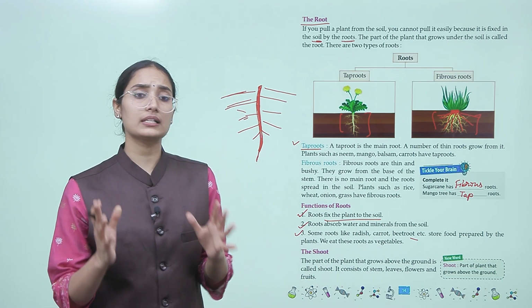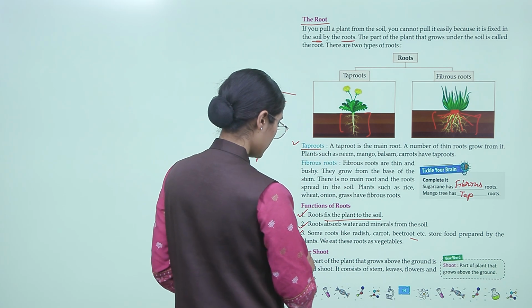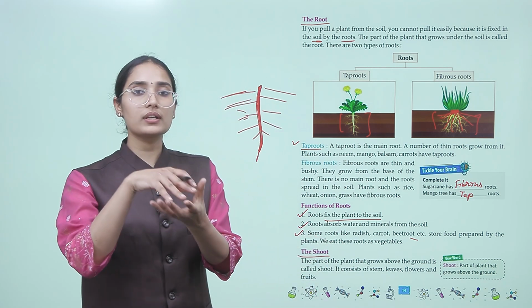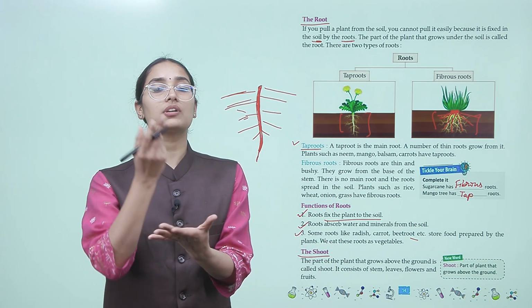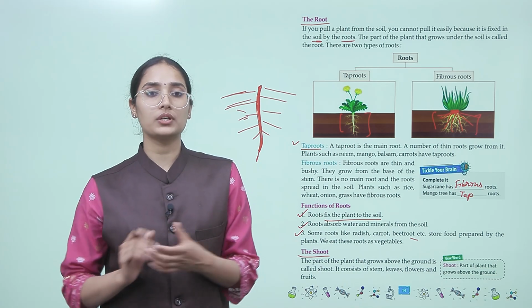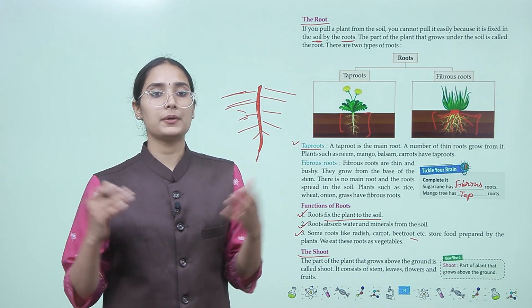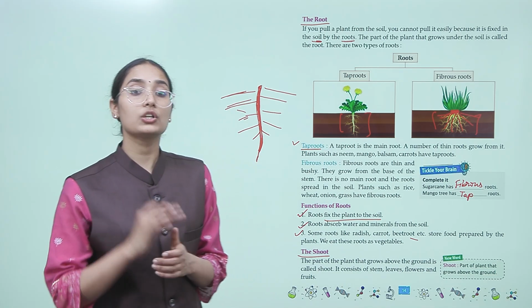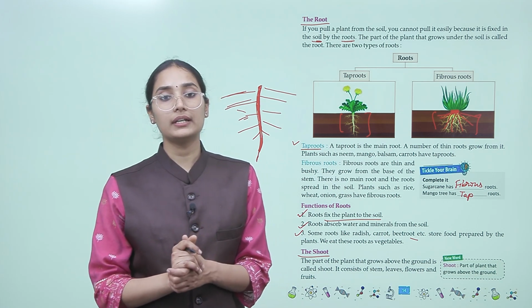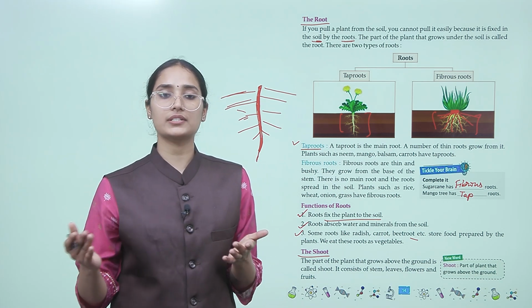Now let's understand the shoot part of the plant. Once the root is developed, the next thing that will come out of the seed is the shoot, the upper part of the plant. The part of a plant that grows above the ground is called the shoot. It consists of stem, leaves, flowers and fruits.